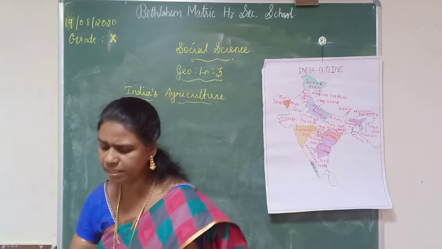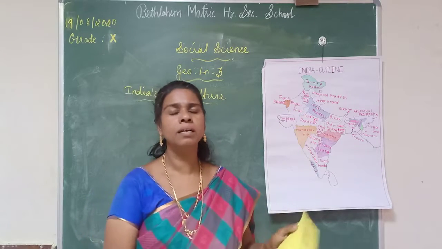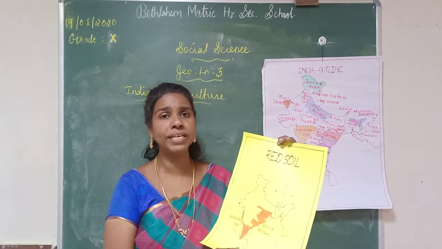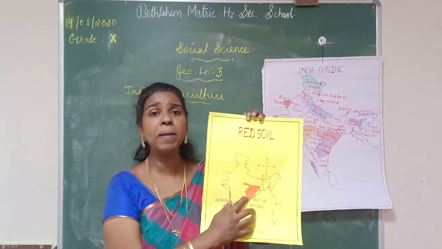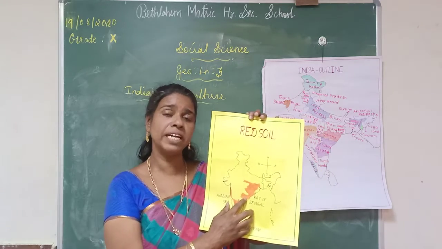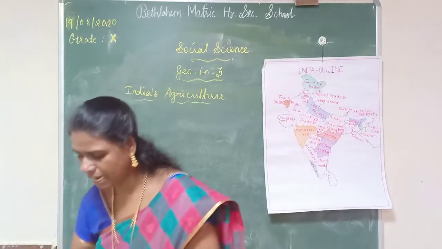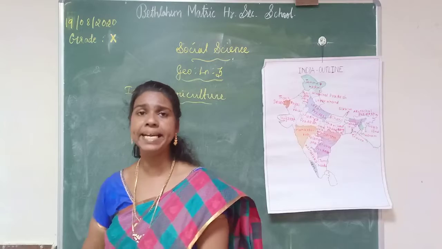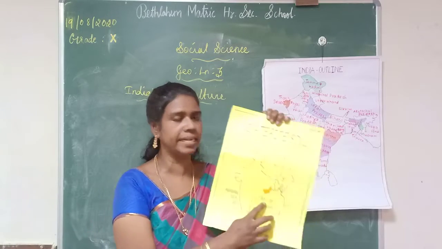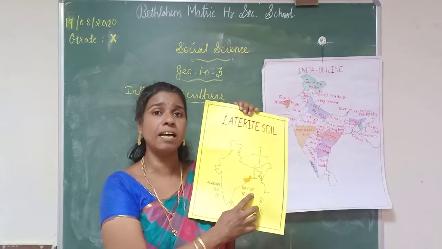Then the third soil is red soil. The main area where we can find this soil is in the Deccan Plateau area, some parts of the Deccan Plateau. Then the next soil is laterite soil. The main area where we can find this soil is some parts of Odisha.